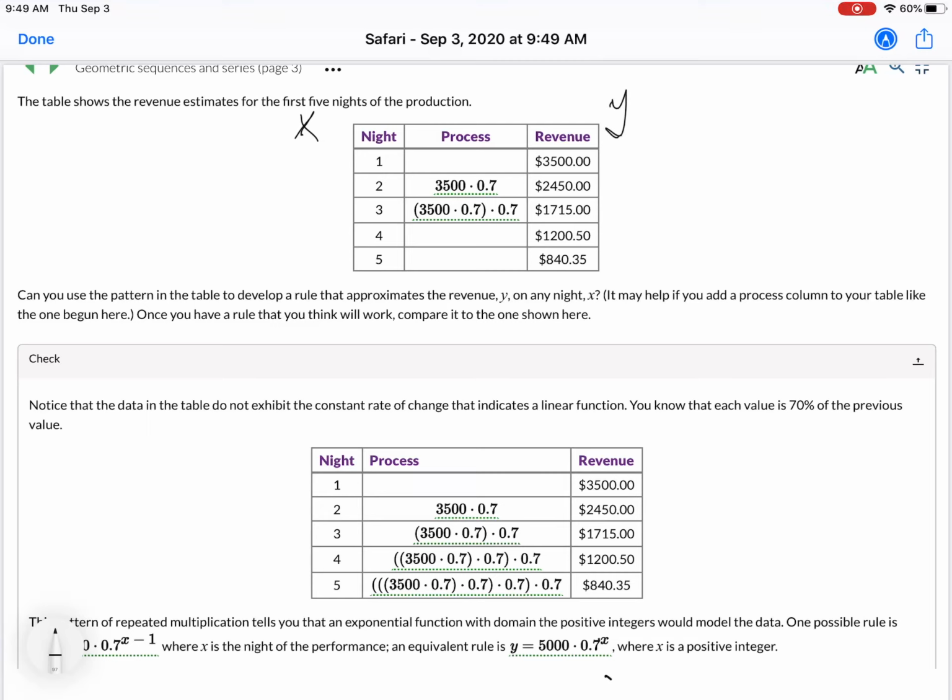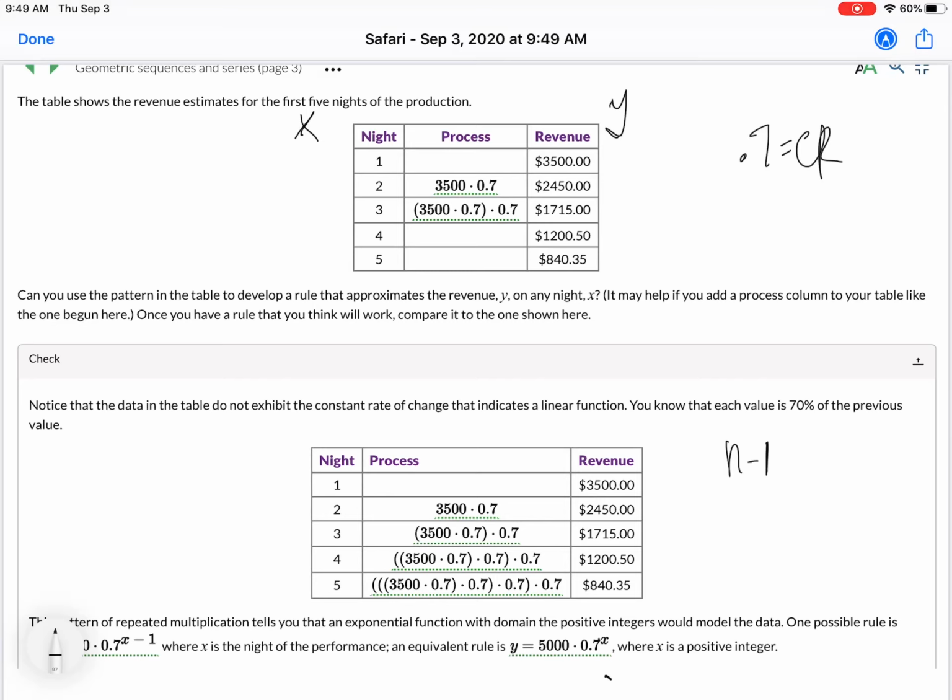X and Y, okay? That 0.7, remember, is our common ratio. So all it's doing each time is multiplying by our common ratio. And it's using N minus 1 to do that.